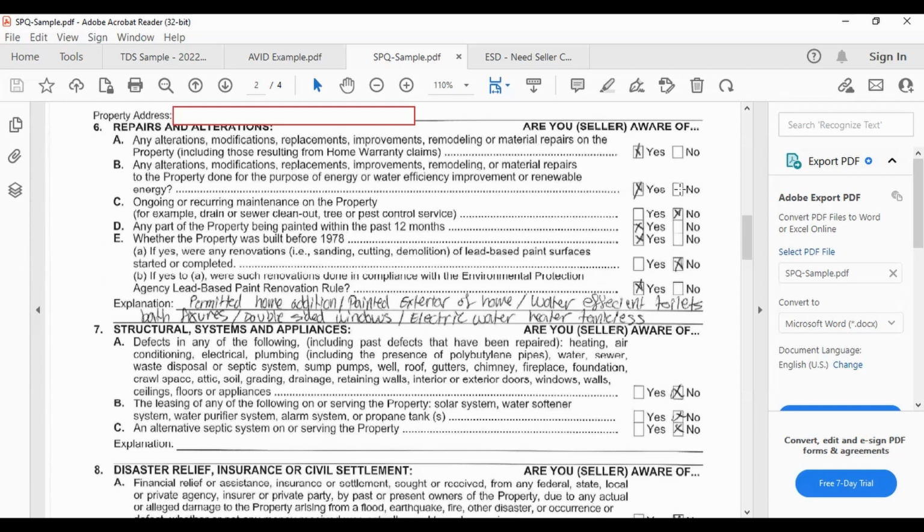But here you check no, I don't know, when it asks about any alterations or modifications. And sometimes I've seen where they've checked no here when their description on the MLS is completely the opposite. New this, new that, new everything.